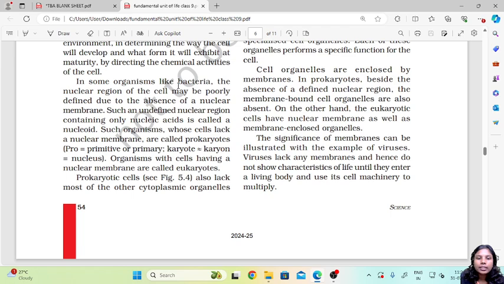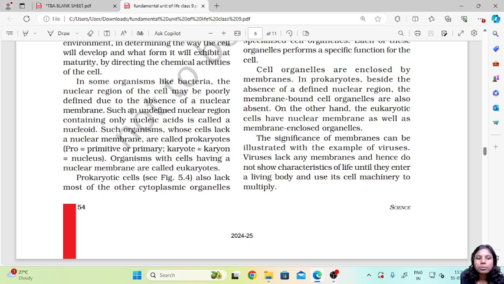In some organisms like bacteria, the nuclear region of the cell may be poorly defined due to the absence of a nuclear membrane. So in some organisms, for example bacteria, the nuclear region of the cell is not highly defined.